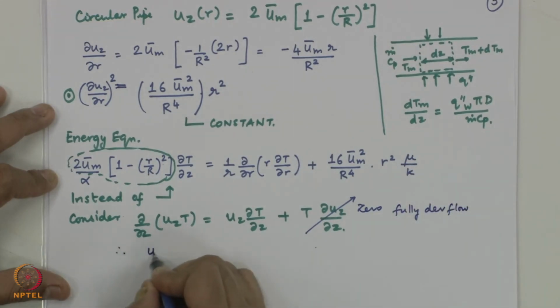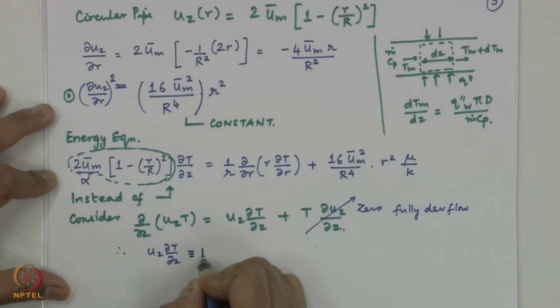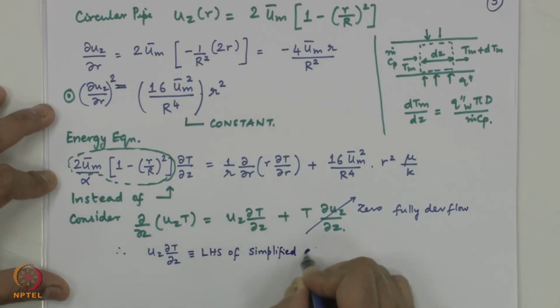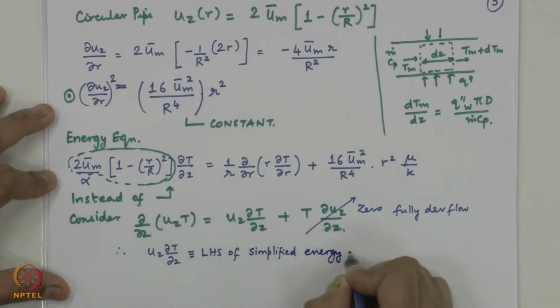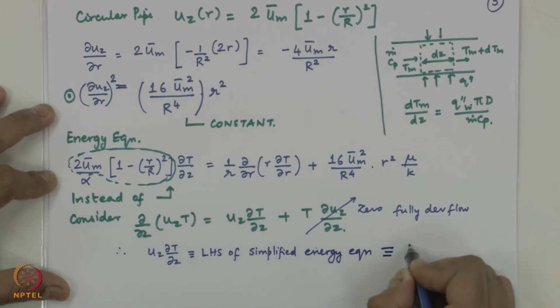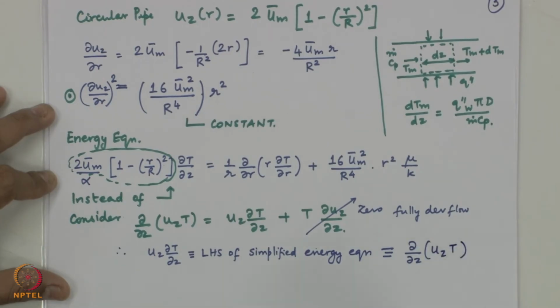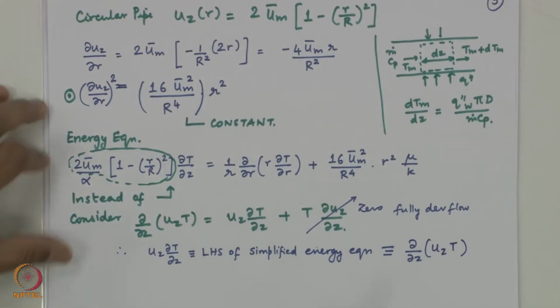Therefore, I can write u_z dT by dz, which is the left hand side of the simplified energy equation as shown above, as nothing but d by dz of u_z times T. This I will use.